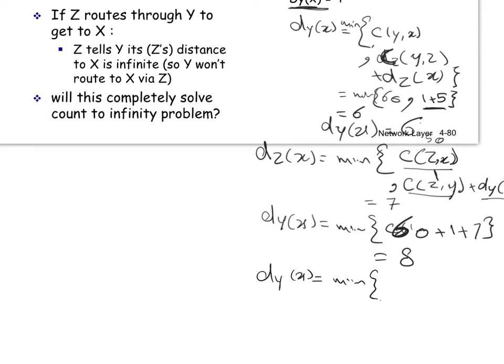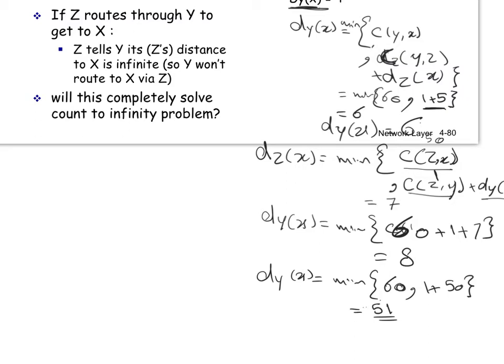So this is the minimum of the cost between Y and X, which is 60, right? Or the cost between Y and Z, which is 1 plus 50. So now this cost between Y and X is 51, right?